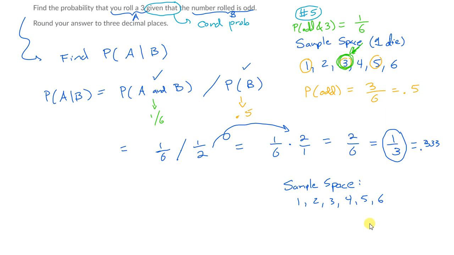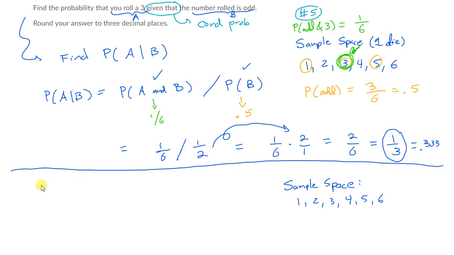The direct method, just counting elements in the sample space, will work in simple cases where you have a full listing of all outcomes in the sample space.